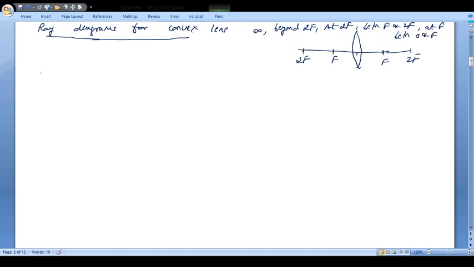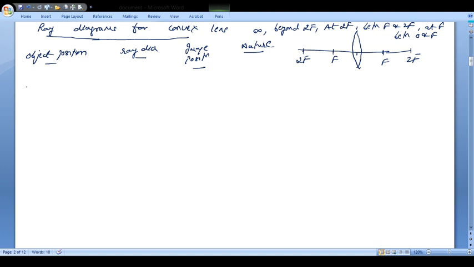Okay, so first we will see the object position, then the ray diagram, then the image position, and then the nature. All these things we will be seeing.